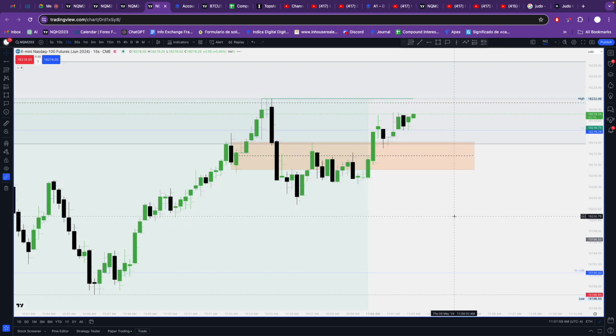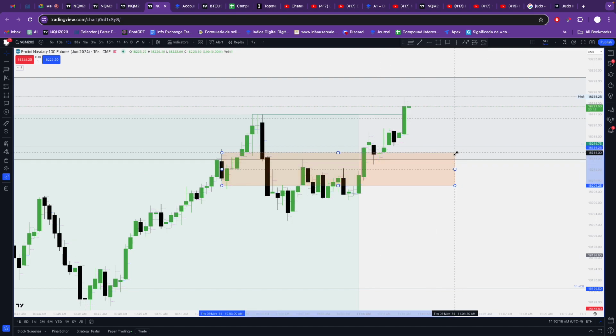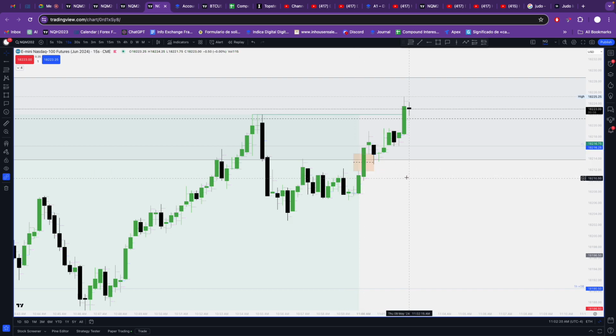But 15 second, we had this fair value gap right in here. We run up into this fair value gap balanced. So this is one of the things that I learned. We come up in here. This is balanced. Now the bears are in charge. Bears need to inverse this fair value gap right here for them to remain in charge.